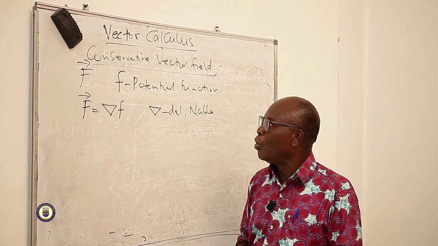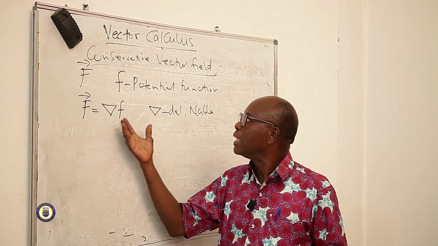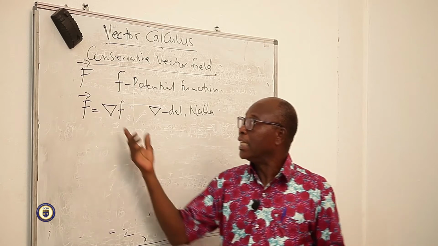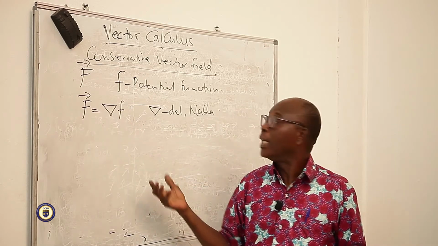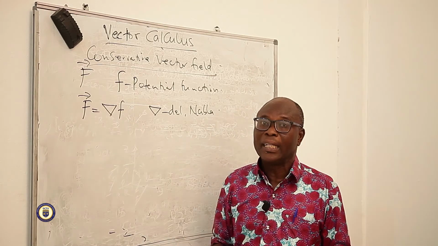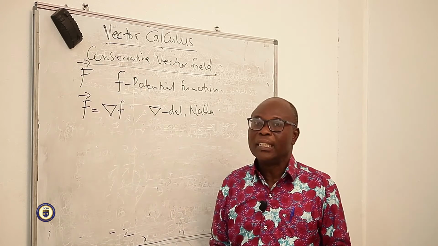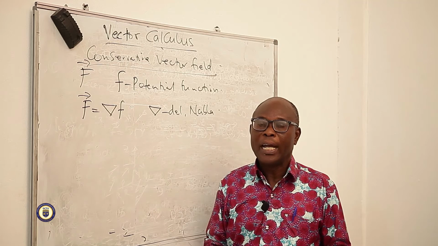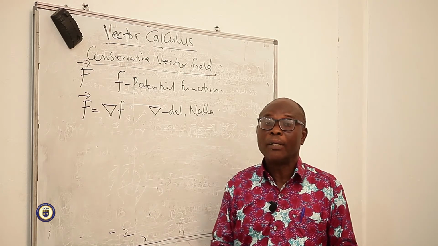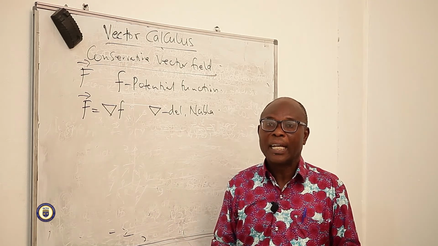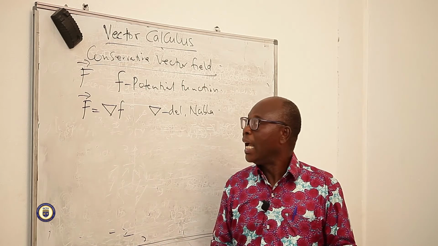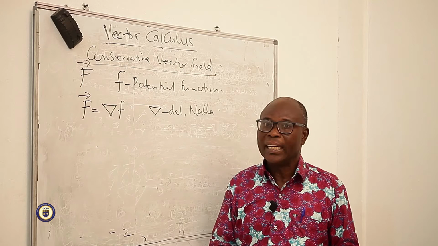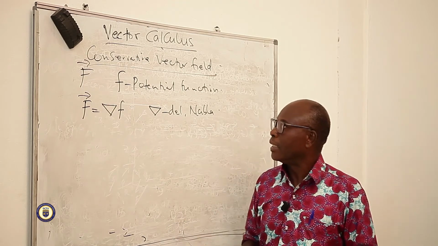So f is a scalar function or a potential function, and if you operate on it with the nabla or the del, we get the conservative vector field. And we can get it on a plane, that is the ij plane, and also in space, which is ijk, and these are the coordinates.